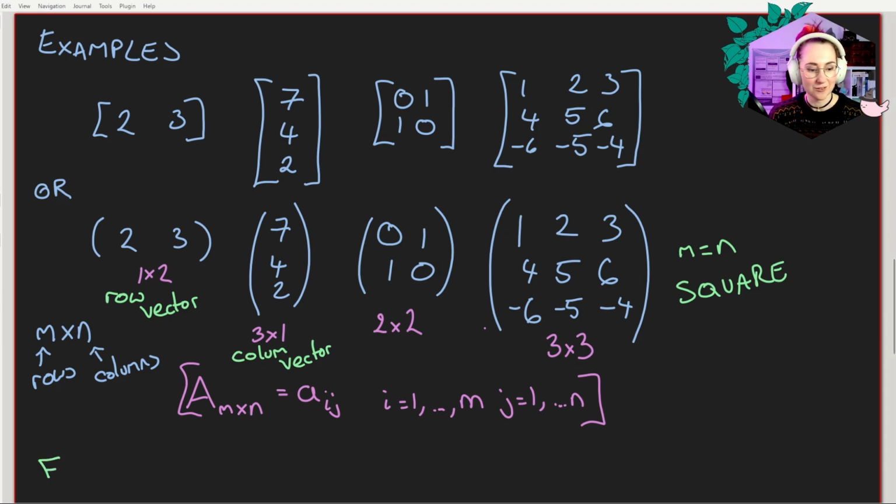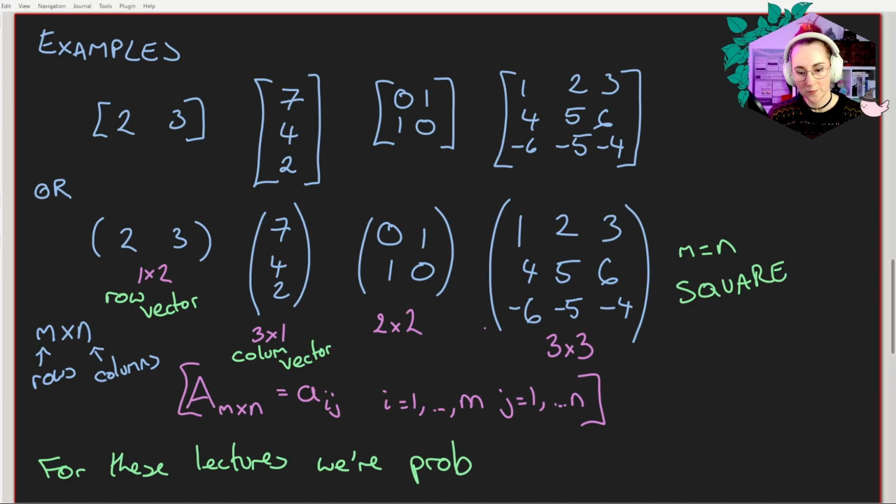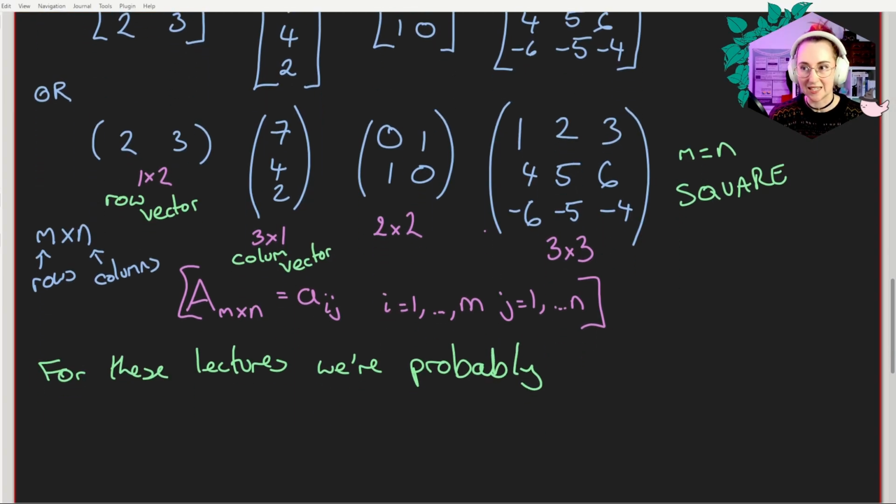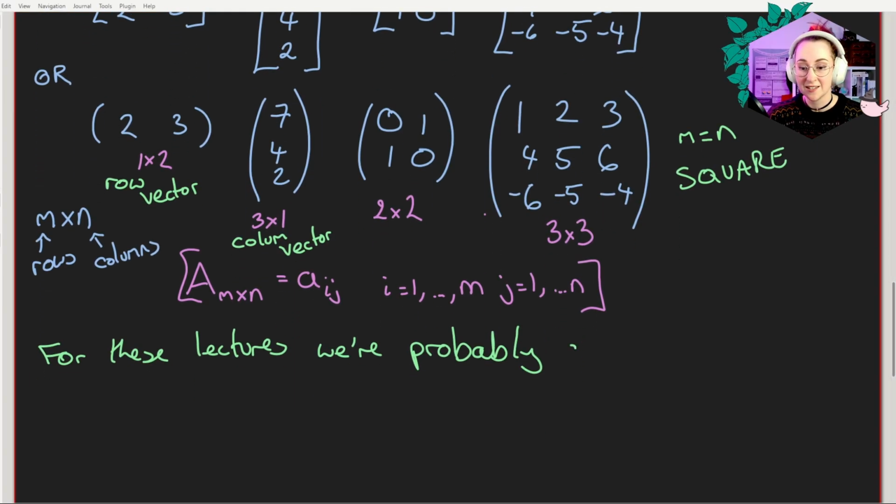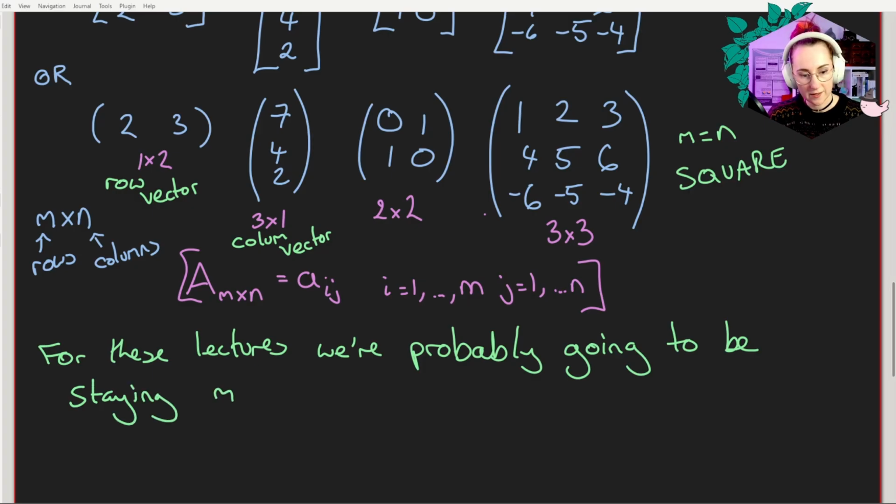So for these lectures, probably, and I'm not going to say this exclusively because there might be need to show that we can, but for most of this we're going to be sticking to m and n less than or equal to 3, just to make the algebra a bit faster.